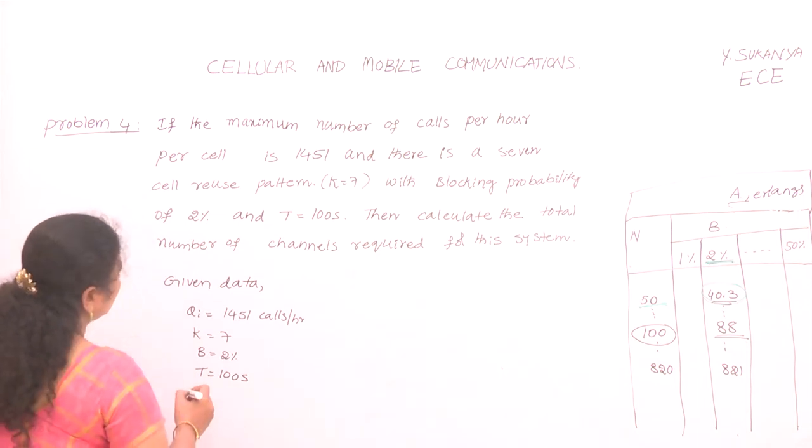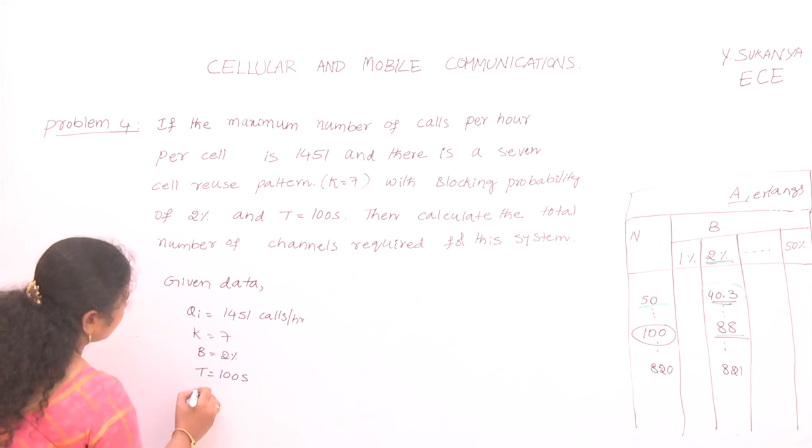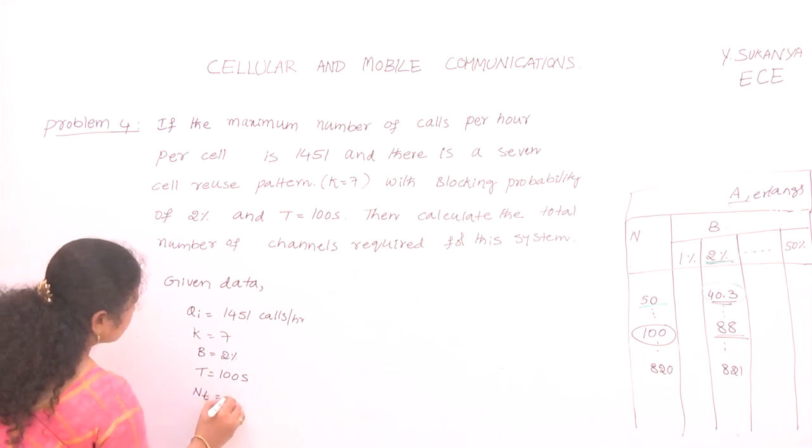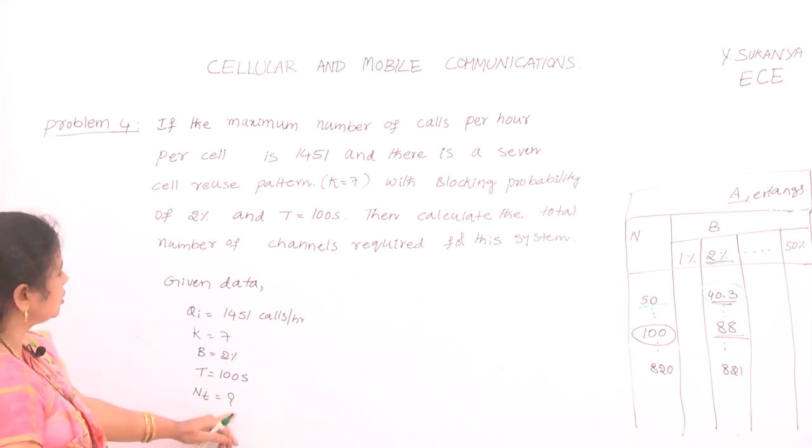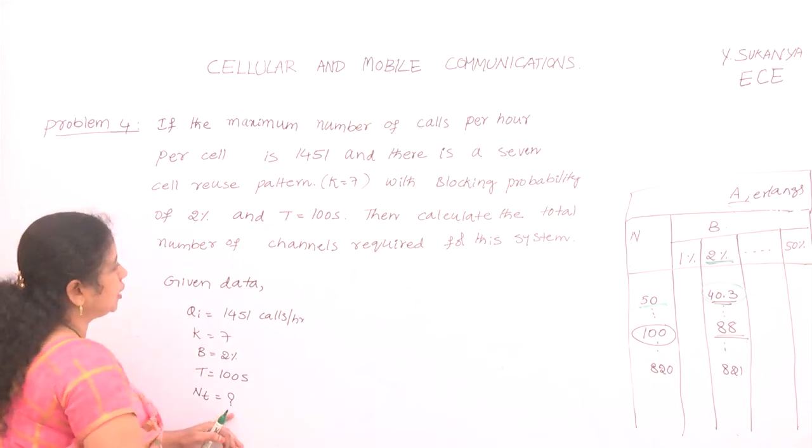Then calculate the total number of channels required for the entire system. So for the entire system, how many channels are required? That we need to calculate.